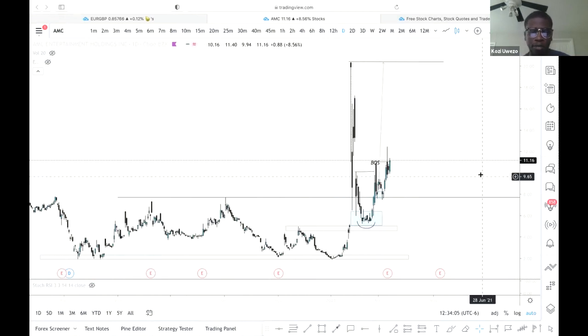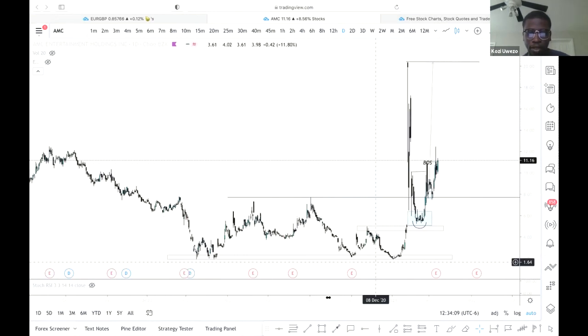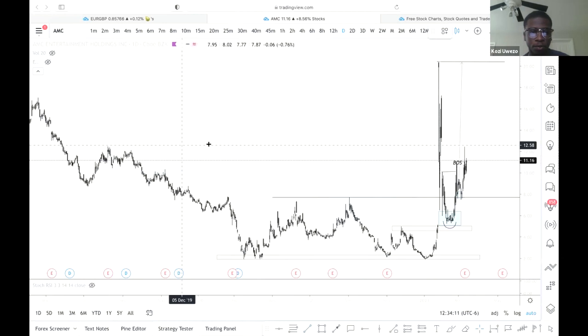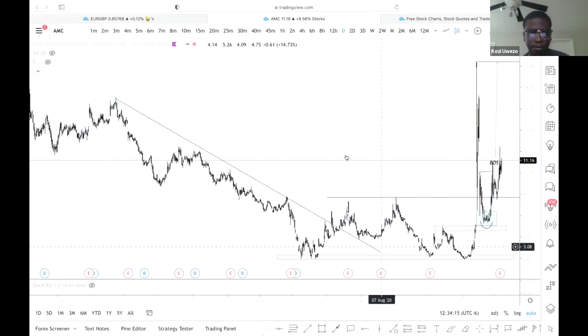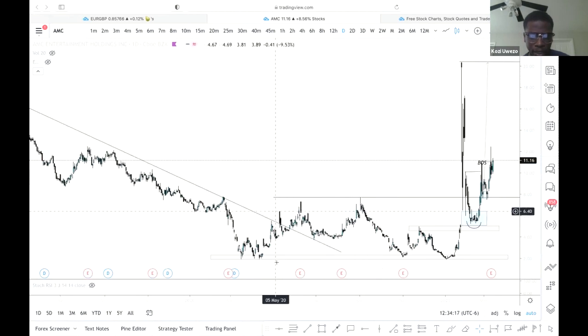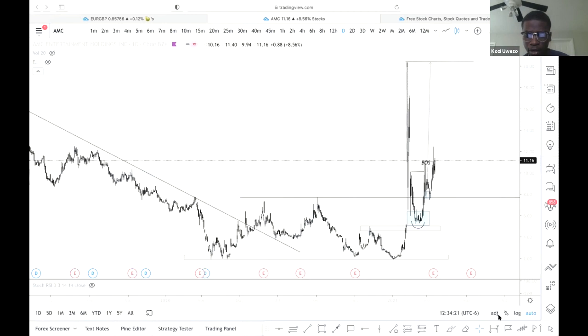All right. So with AMC, we were in a downtrend right here, right? Just like what Naz was saying. You can draw your little trend line right here. We're in a downtrend, right? And basically, price stopped right here, right? Can you see that?